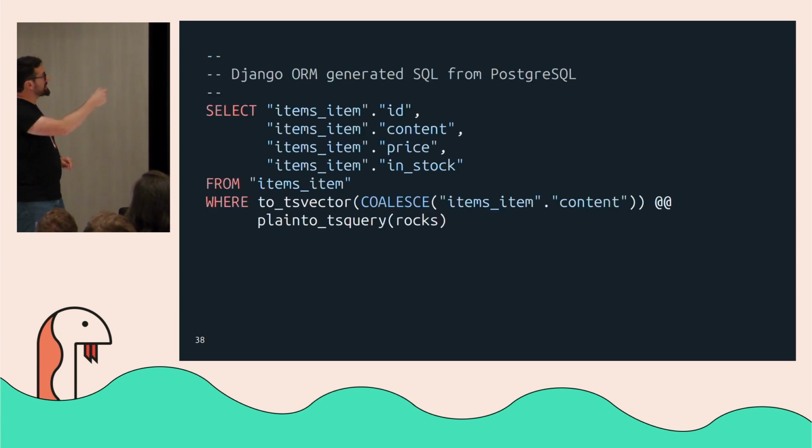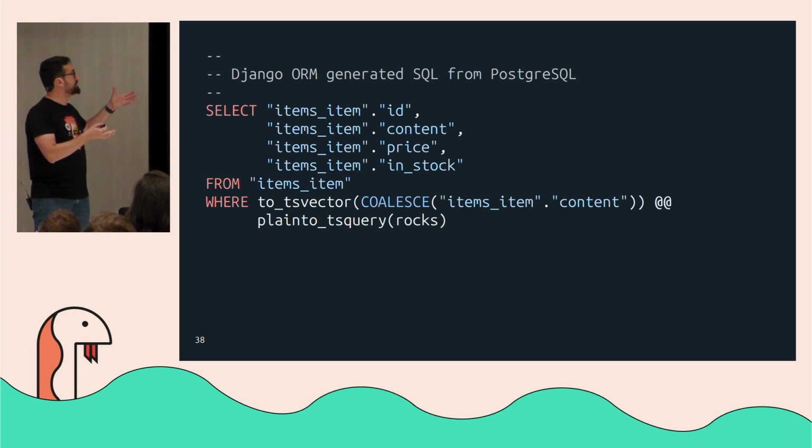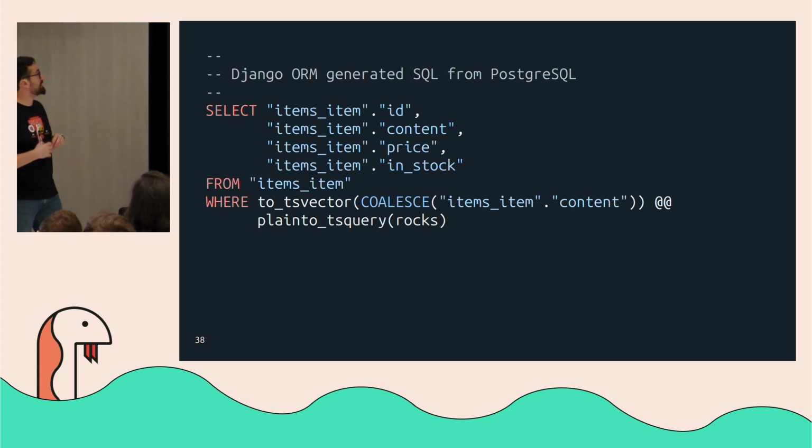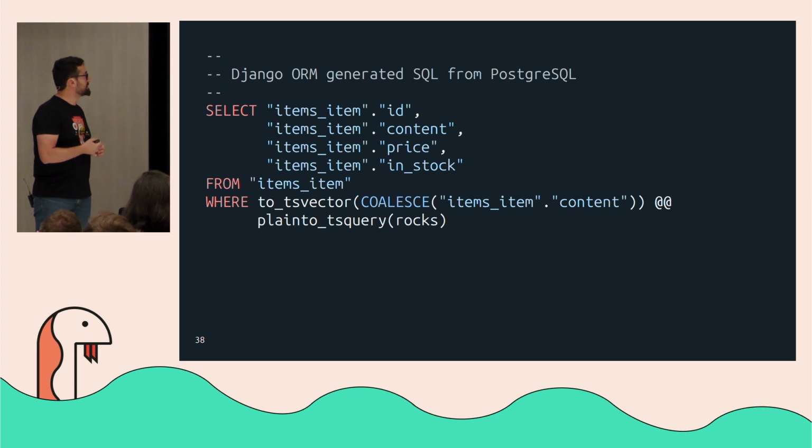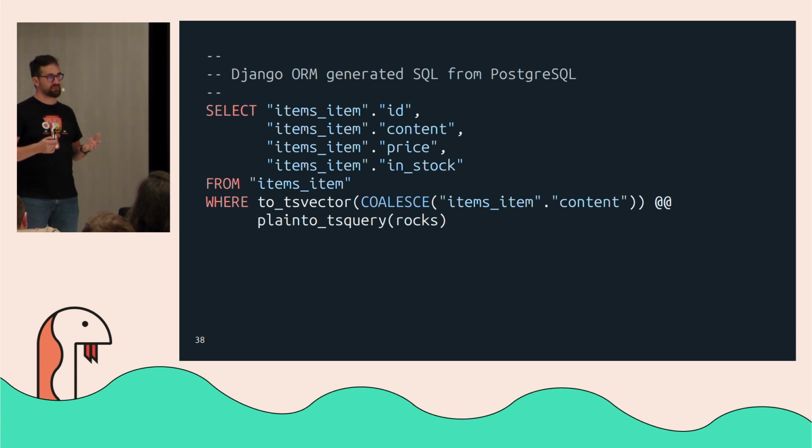As you can see, there is this conversion of the content to a full text search vector, and we pass the word rocks to it. Under the hood, we are already starting to use vectors, which is something interesting for web search.